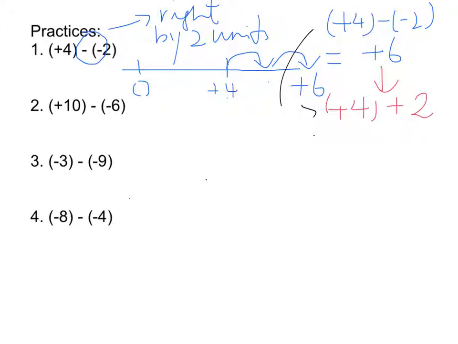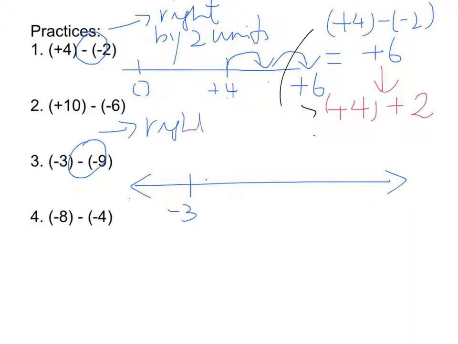Now let's try number 3 with a number line. We have negative 3, and because we subtract a negative number, we move to the right by 9 units. 1, 2, 3, 4, 5, 6, 7, 8, 9.